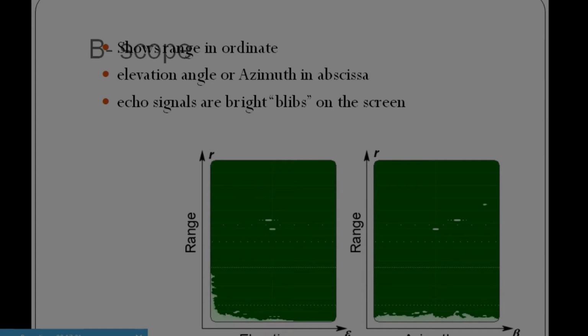Why is elevation required? Because when an aircraft is coming, you require the sine theta angle to calculate the exact range of the device. So you require elevation as well as azimuth angle. It is only possible in the B scope.